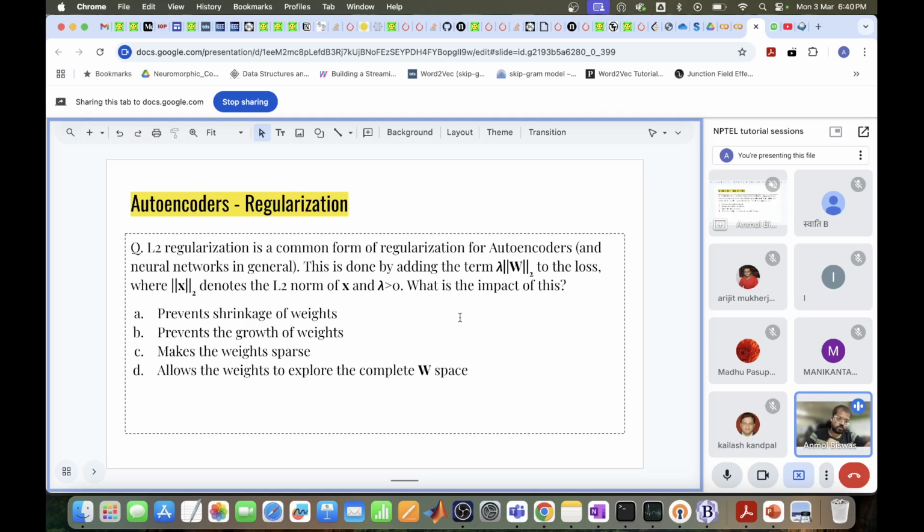So given one particular weight, small w, within this weight matrix W, we take the square of it, multiply it by some positive lambda, and add it to the loss. So whatever the value of w, we are adding a positive value to the loss, which means the loss goes up.